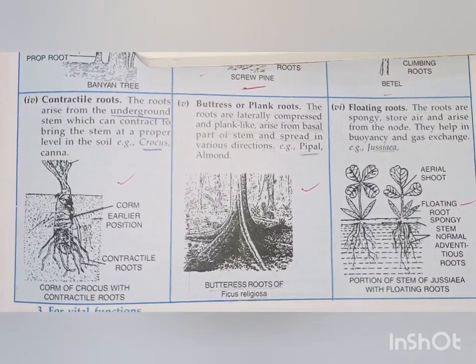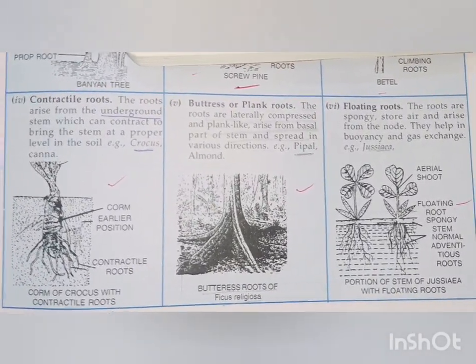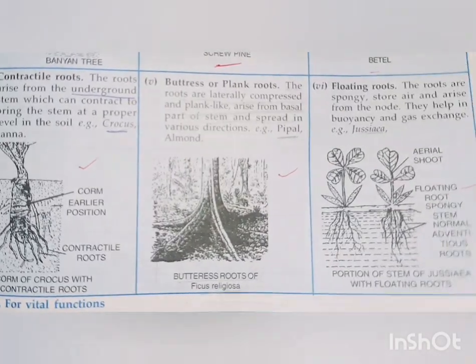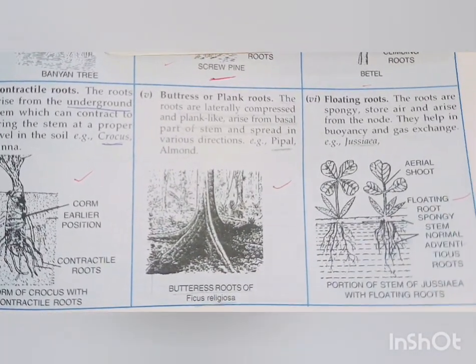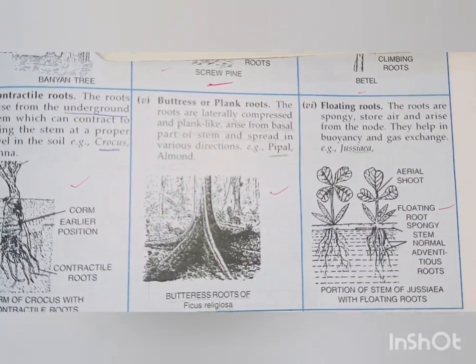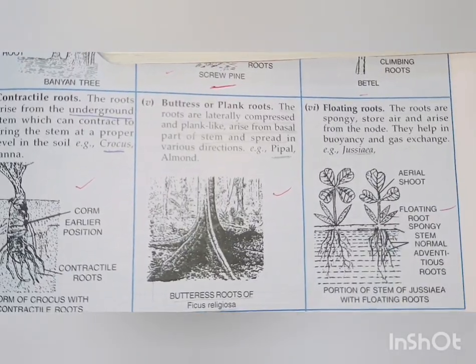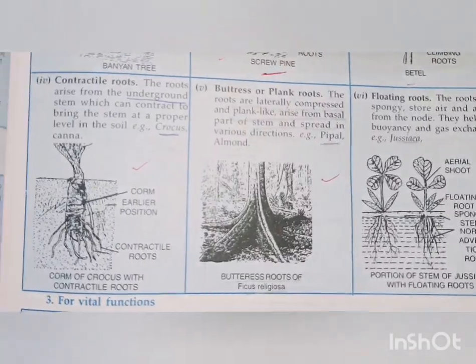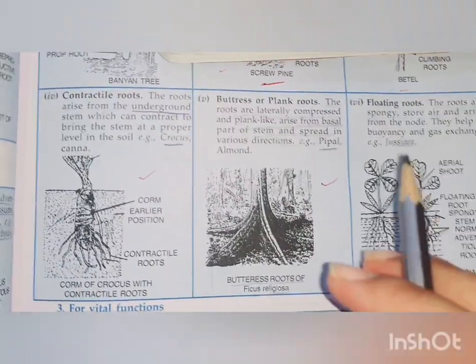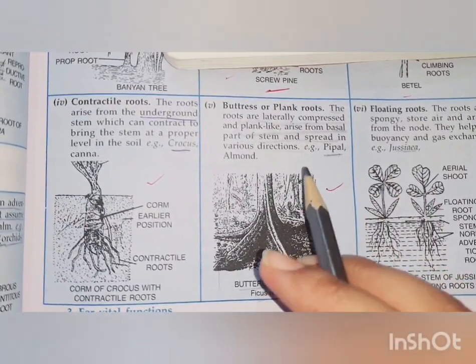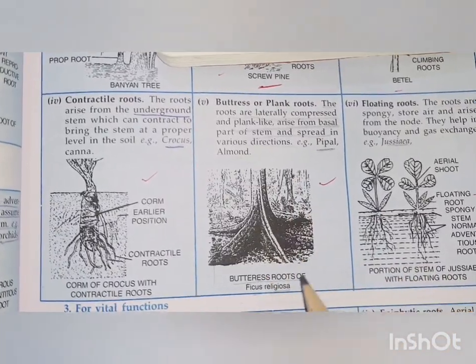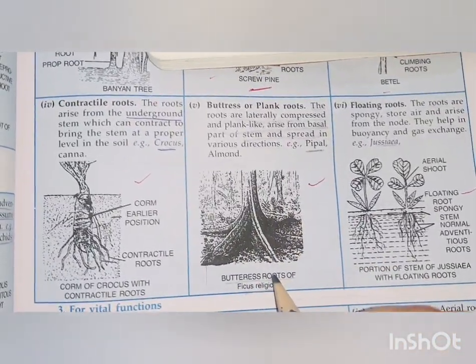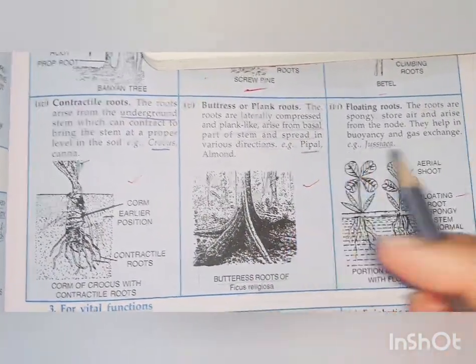This contractile root is present in crocus and canna. Then buttress or plank root, the roots are laterally compressed and plank-like, arise from the basal part of the stem and spread in various directions, present in peepal and almond.